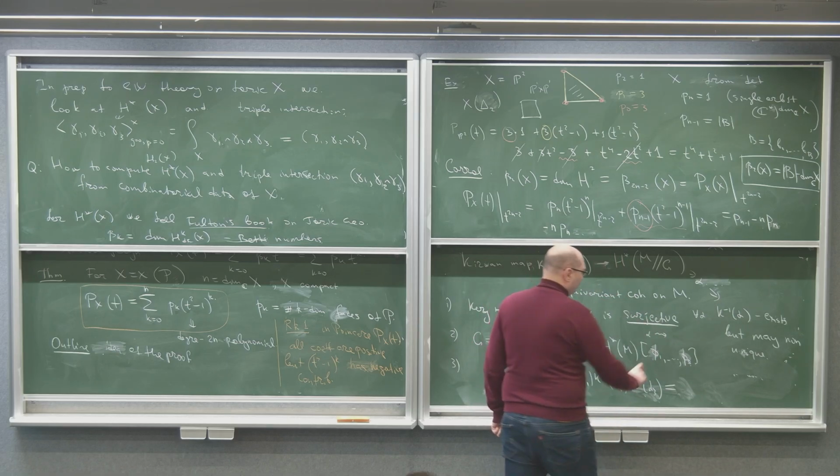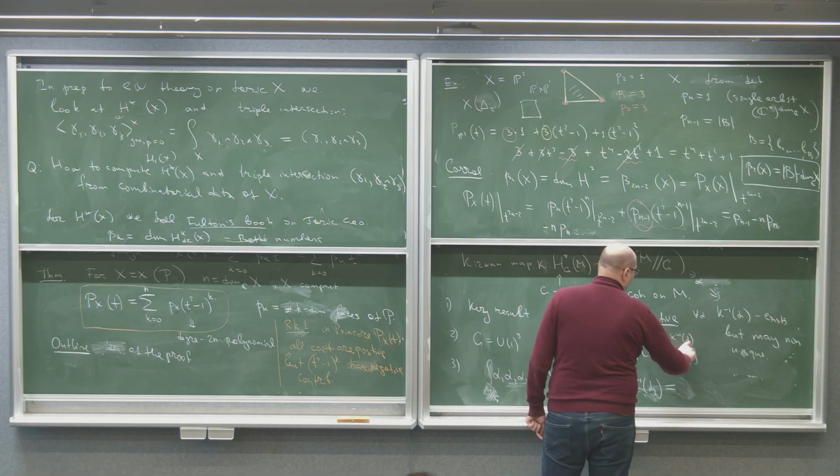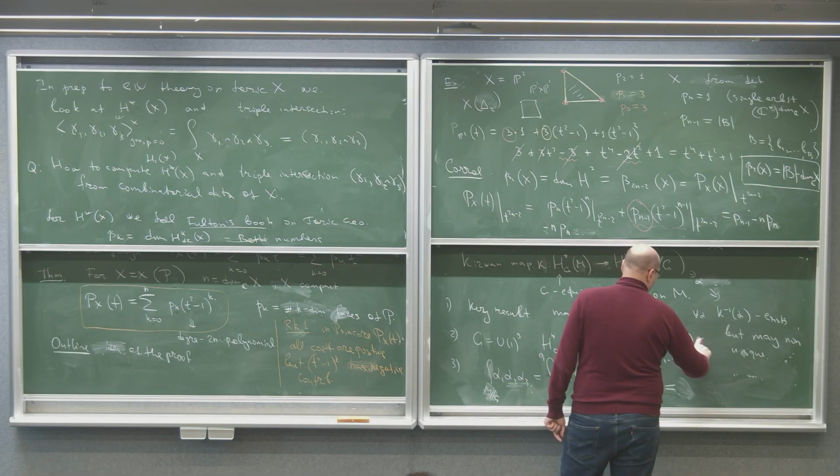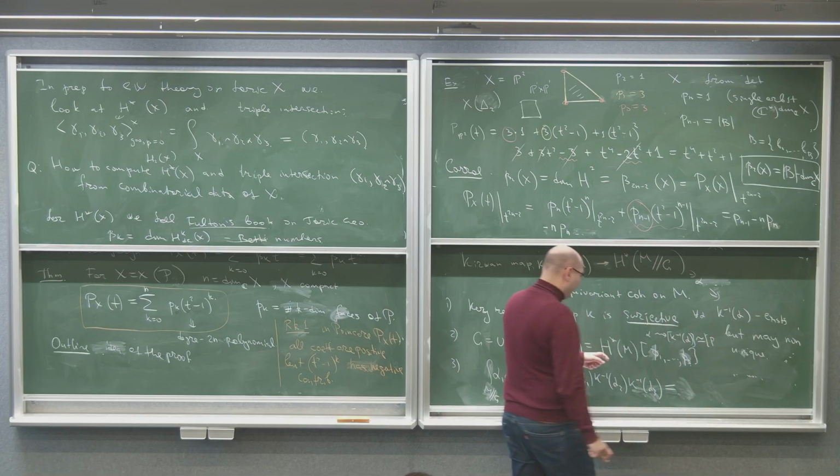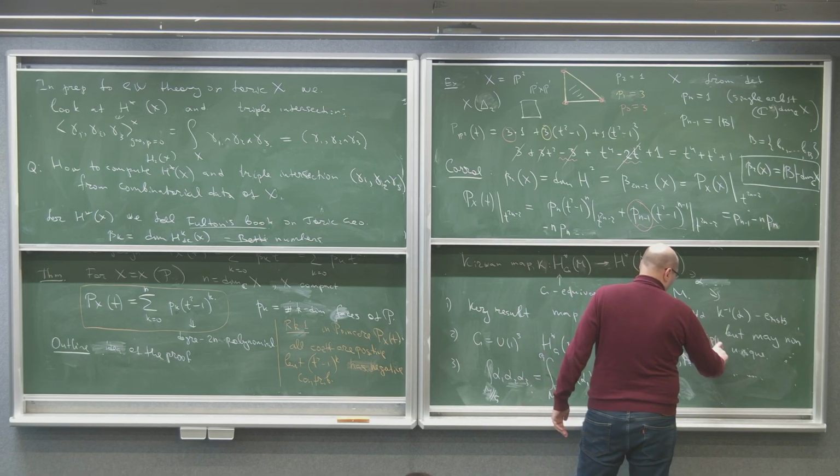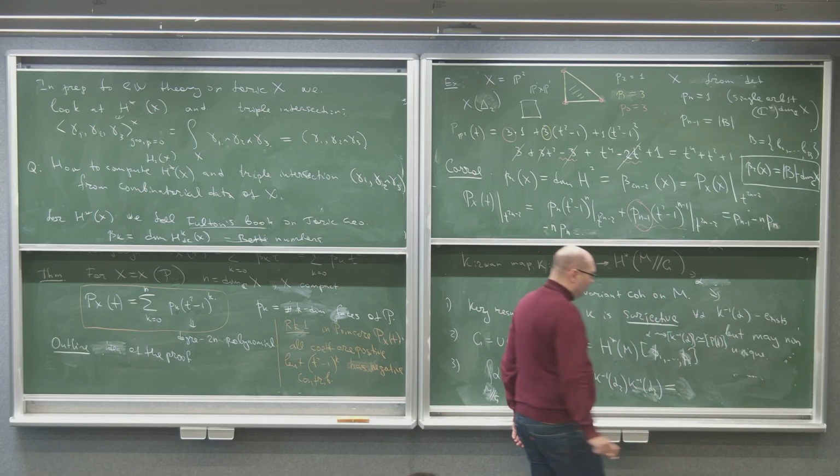we can, for the Kirwan map of alpha, find a representative that is just a degree 0 form, so just a constant, but some polynomial of phi.